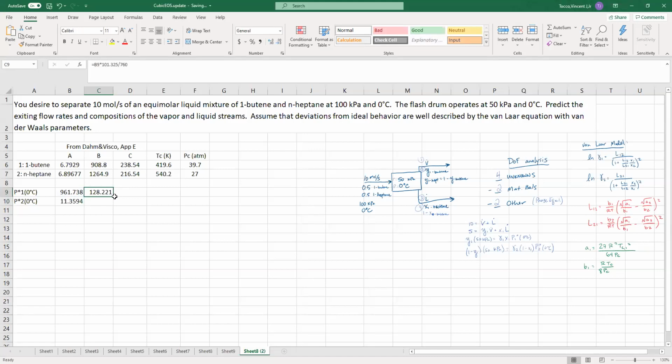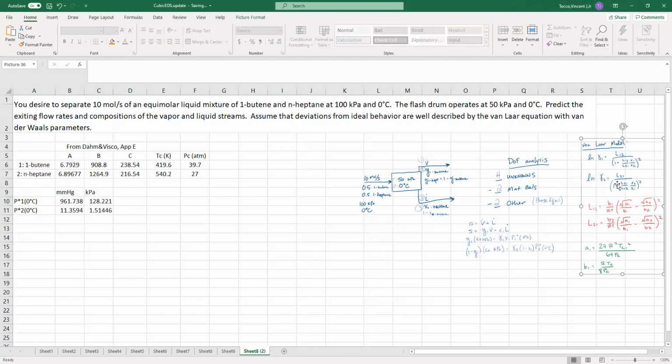This gives me my answer in kilopascals. Let me just make another heading here just so that I'm keeping my data straight. Okay, now I've got the vapor pressure in kilopascals, which is important because my problem gave me the pressure in kilopascals, so I want to be consistent with my units.